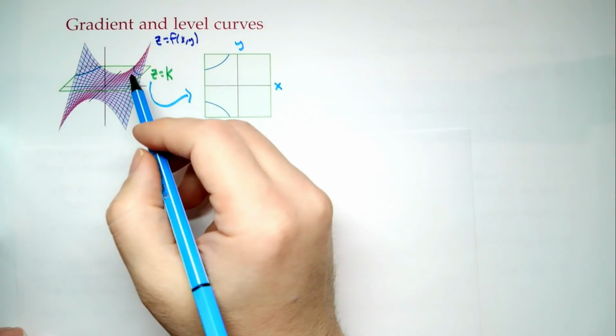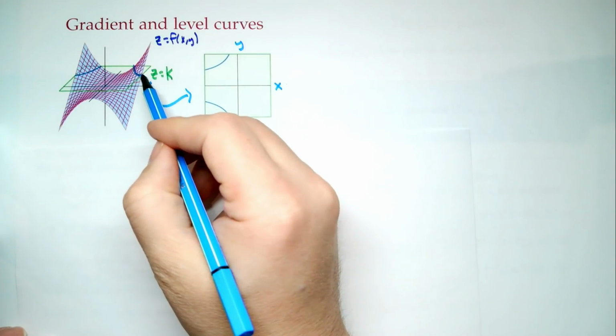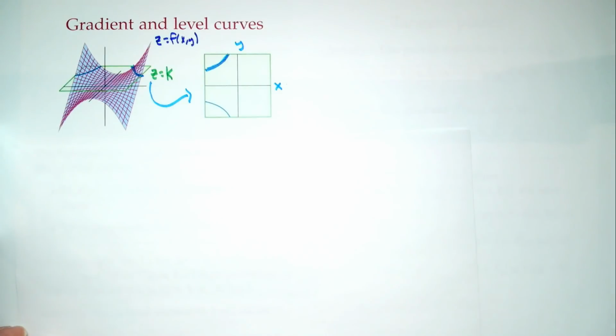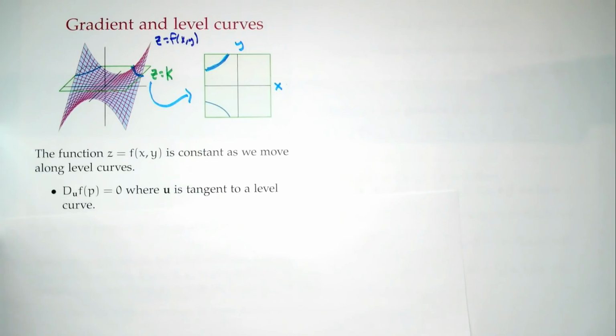So the intersection that I see on the curve translates into this part of my level curve. So that's the level curve. Now, what's the important thing about level curves? If you look at a level curve, the function z equals f(x, y) is constant along it. It's a definition, because the function being constant just means that the outputs are the same.